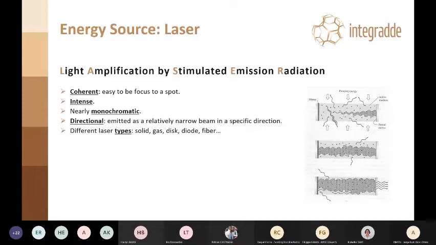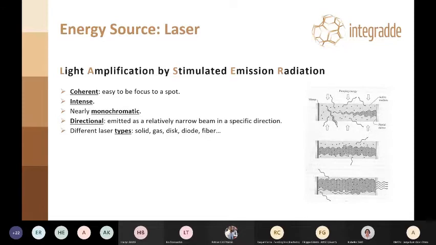When the molecules or atoms of the emitter achieve this excitation, they relax by emitting photons of a specific wavelength. By designing the geometry of this emitter and the optical cavity of the laser, you can stimulate the emission of the other atoms and molecules in a selected direction.